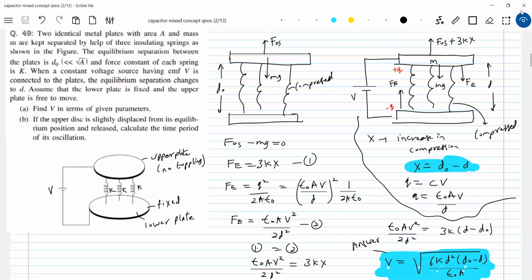So definitely, as you slightly press this plate and release, the distance d will decrease. Then the electrostatic force acting on the plate, the force of attraction, will increase.